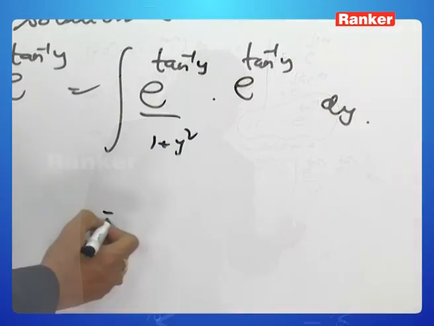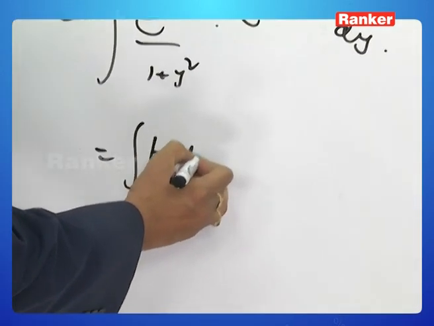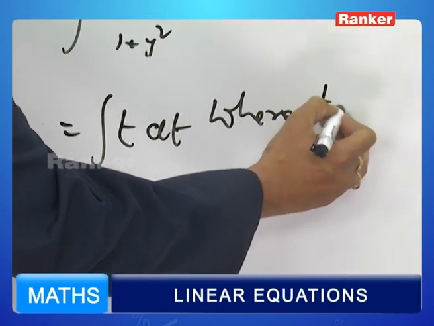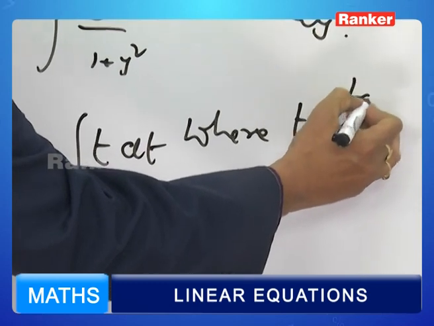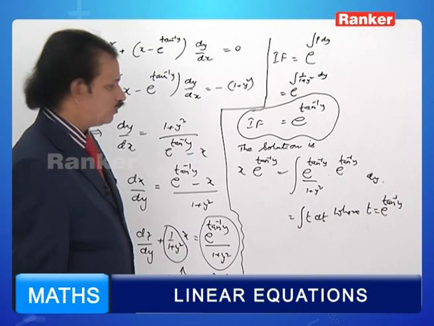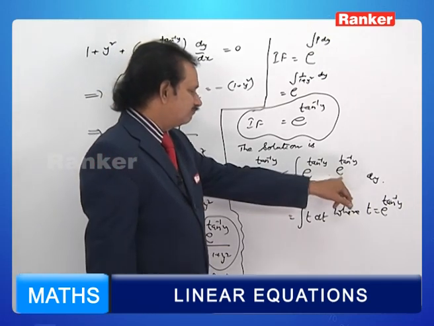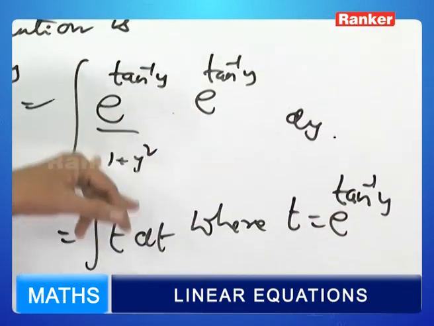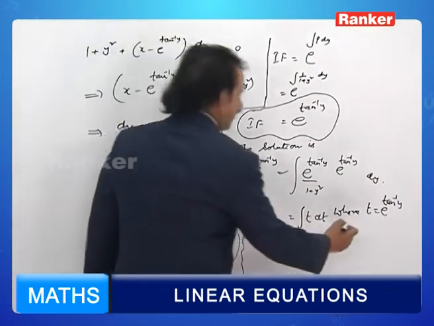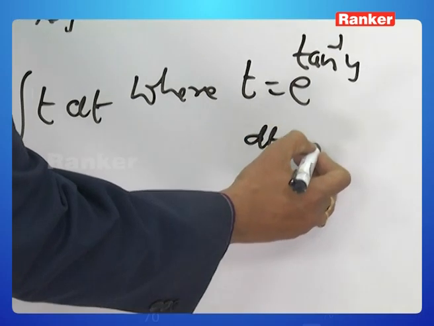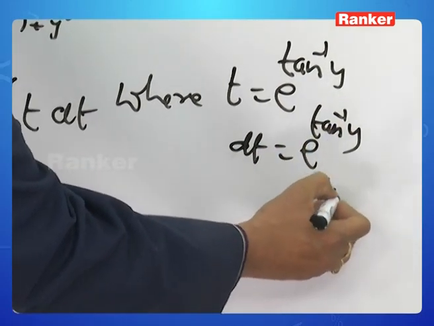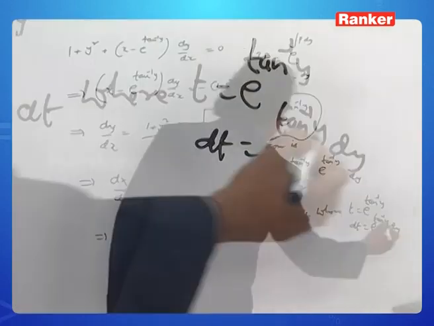This is equal to integral of t dt, where t is equal to e power tan inverse y. Automatically dt is equal to e power tan inverse y by 1 plus y square dy.